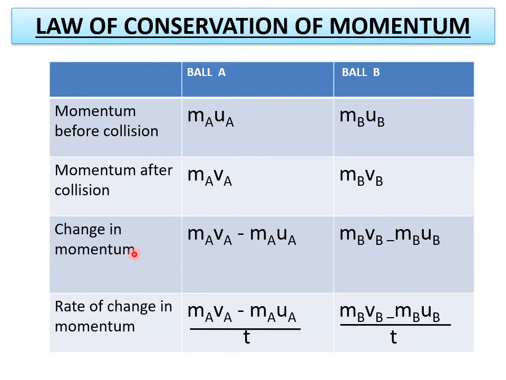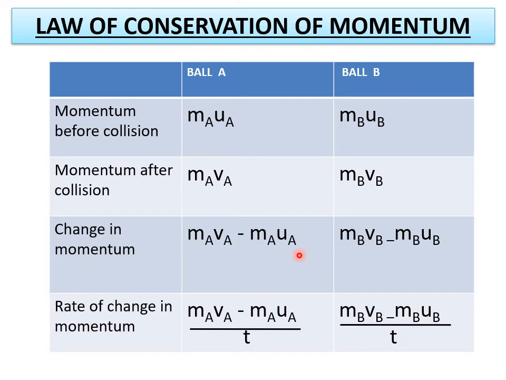Next, change in momentum. What is change in momentum? Because we have momentum before collision and momentum after collision, change in momentum is momentum after collision minus momentum before collision. So for ball A, it is MAVA minus MAUA.